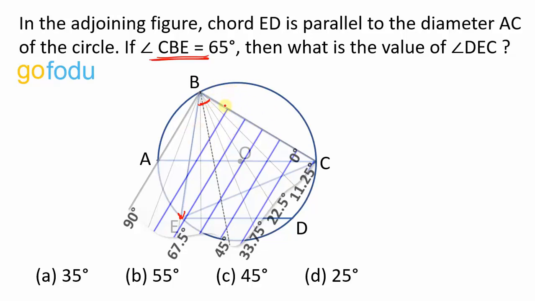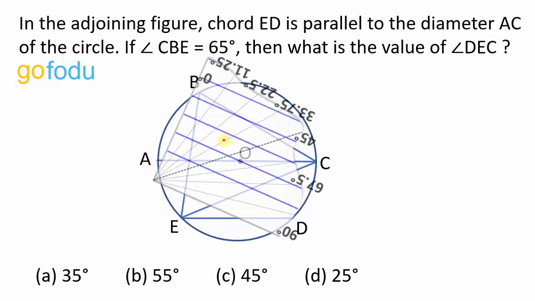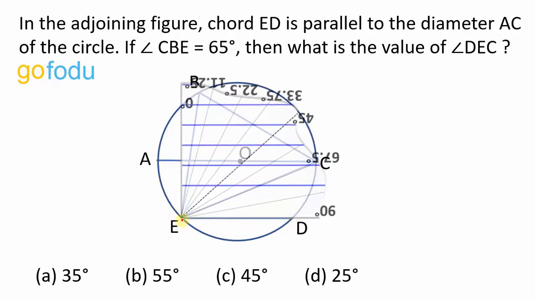So place this handmade protractor overlapping one edge on ED and its corner should overlap on this point E. Now look out for this line EC.